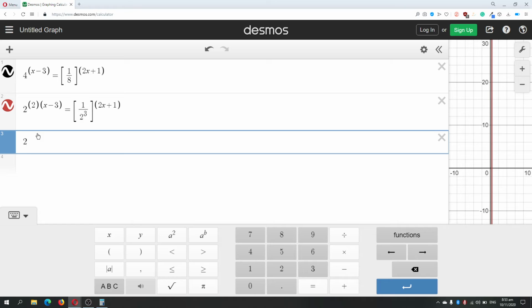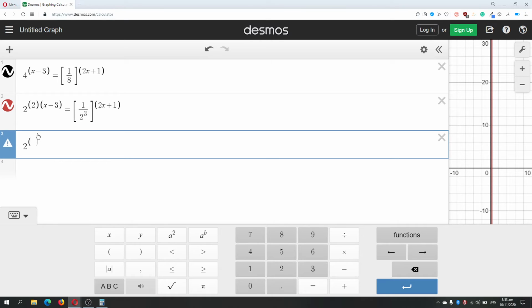So, what should be the exponent that we have right now? 2 multiplied by x minus 3, that is equivalent to 2x minus 6 is equal to, diba, nagiging fraction yan kapag negative kasi yung exponent. So, from fraction, gagawin natin siyang exponent. So, that is negative 3 being multiplied with 2x plus 1.